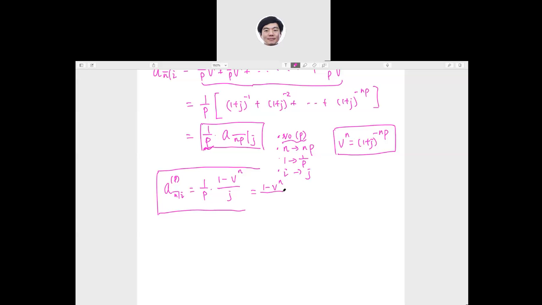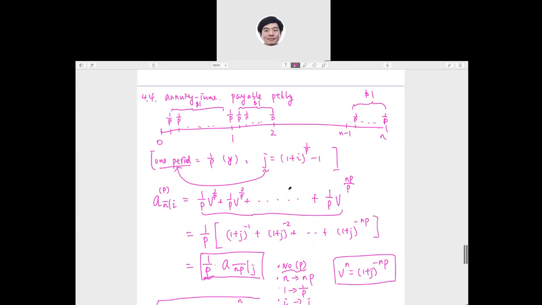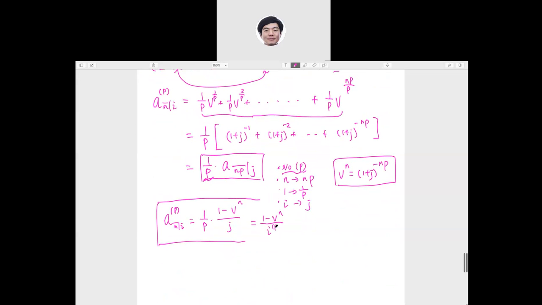P times j is the nominal interest rate, so it's exactly how i^(p) is defined. So a textbook gives you the second result. It's up to you to decide which one works best for you.